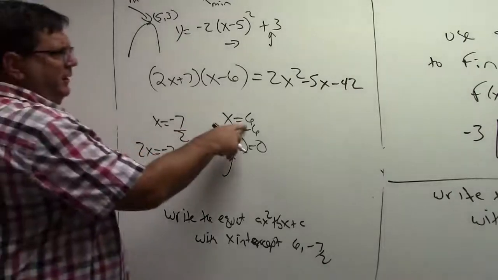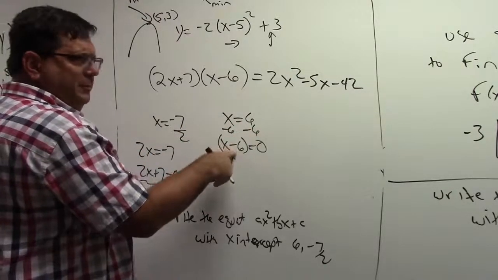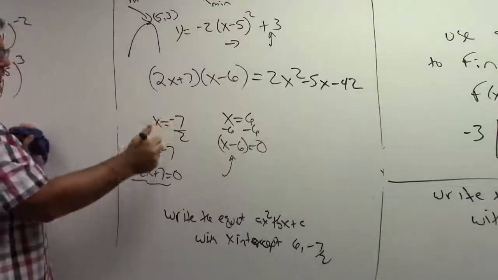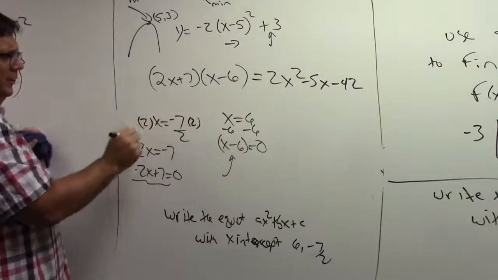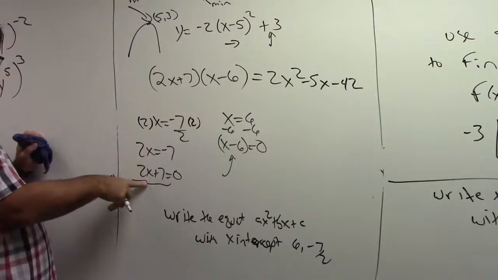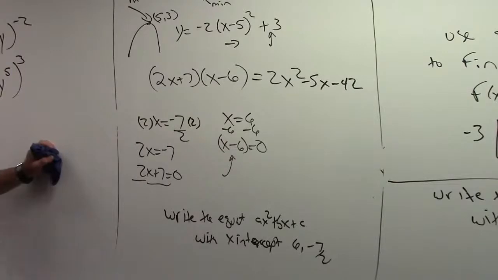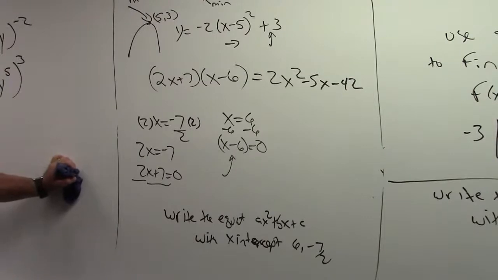When I got x equals 6, I worked backwards to get the factor. That's x minus 6. When I got x equals negative 7 halves, I just worked backwards to get to the factor. Once I got the two factors, multiply them out, and now you have the equation. We good?